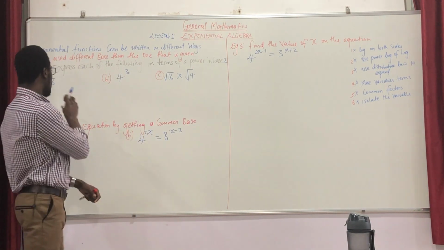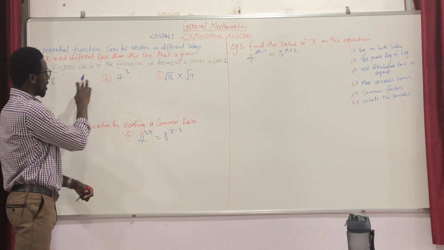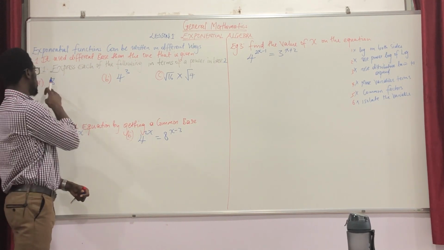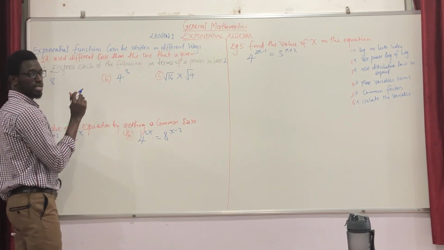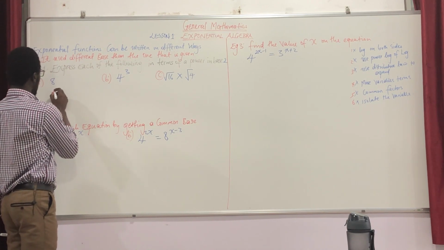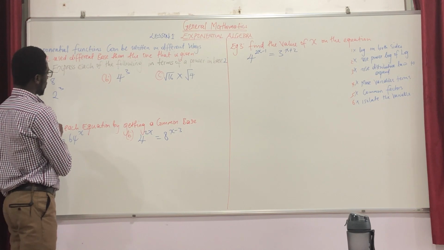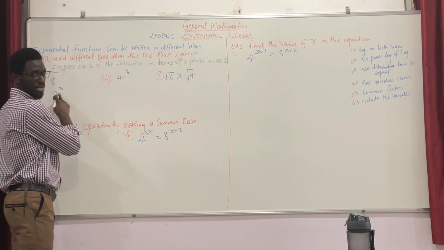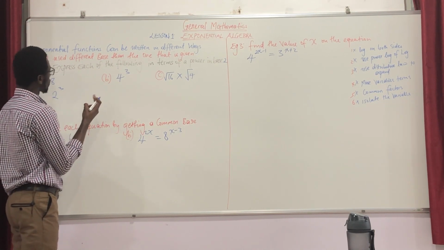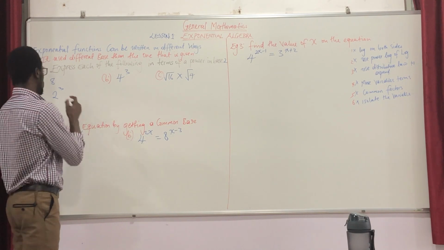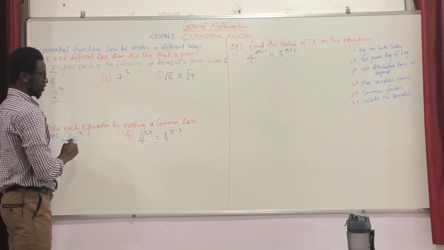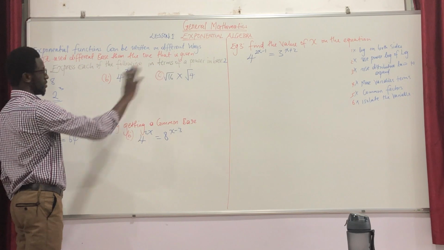If you multiply 2 by 2 and 2, 3 times, it will give you 8. But we need the base, so this one we can say 2 to the power 3. Because 2 to the power 3 means 2 times 2 times 2, which is 8. So the common base here is satisfied in terms of a power in base 2.